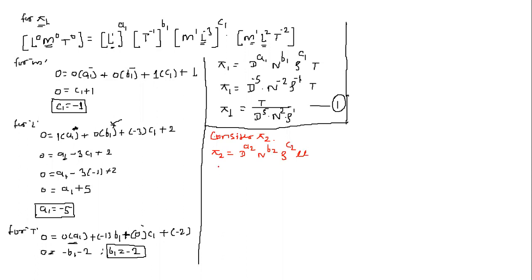Now in the dimensional form, all the dimensions L, M, T are 0. So L raised to 0, M raised to 0, T raised to 0.